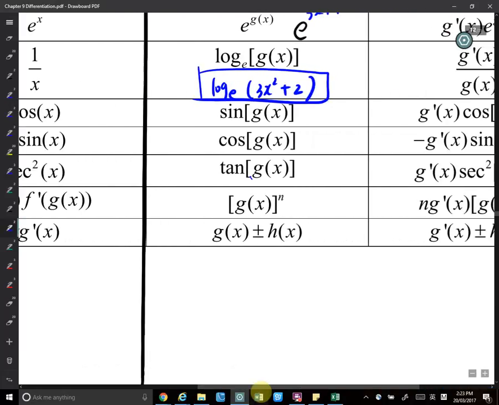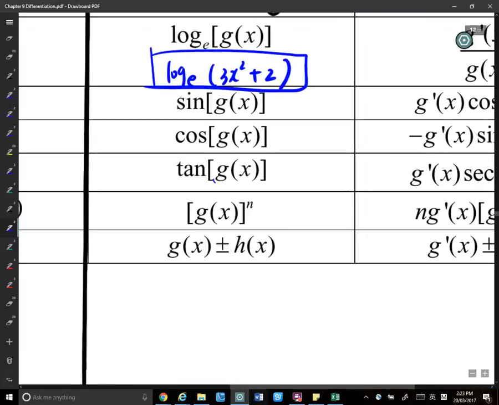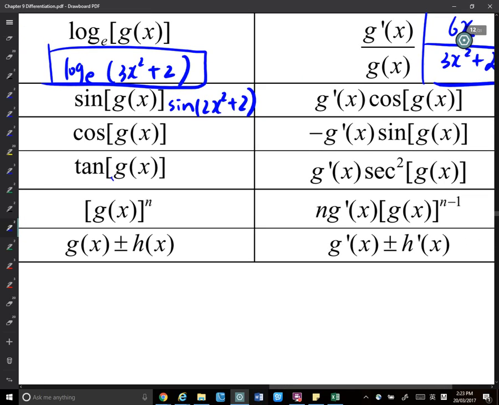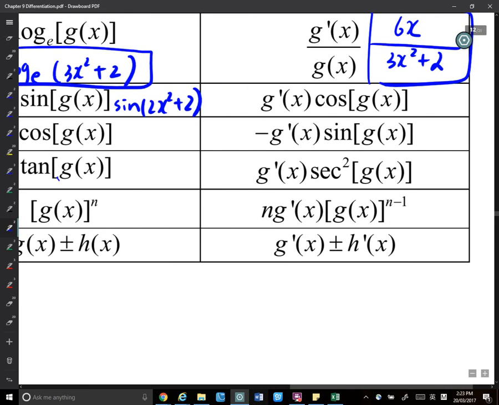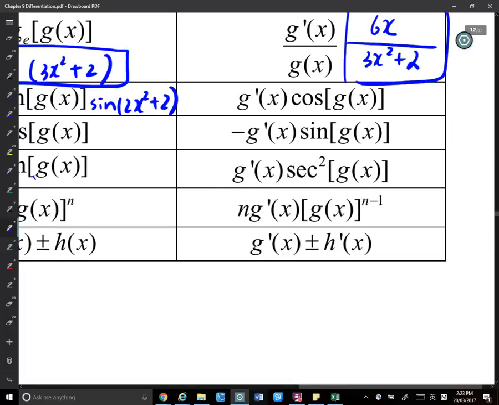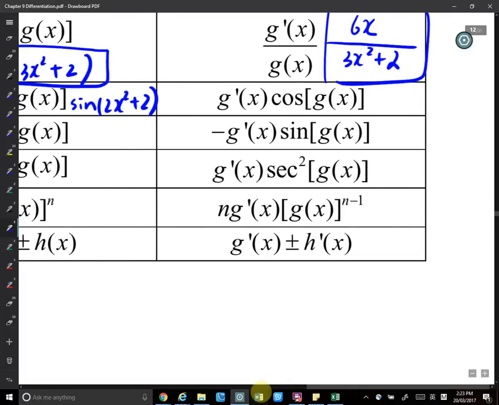But how about if I have sine g(x)? Let's say we have sine of 2x squared plus 2. What will that become? That will become g'(x) times cosine of g(x). So I always need to derive the bracket first.